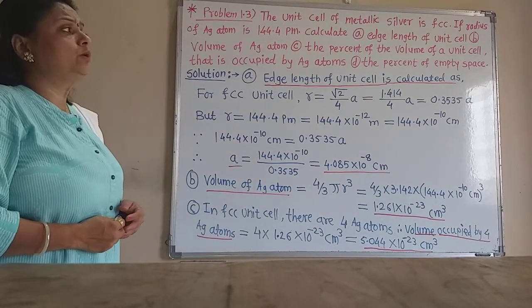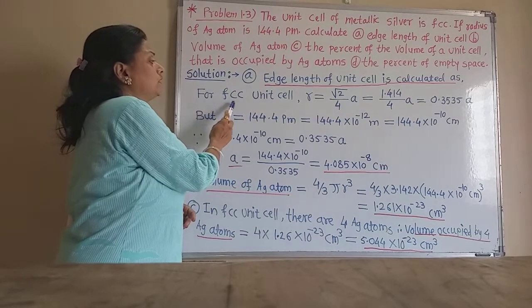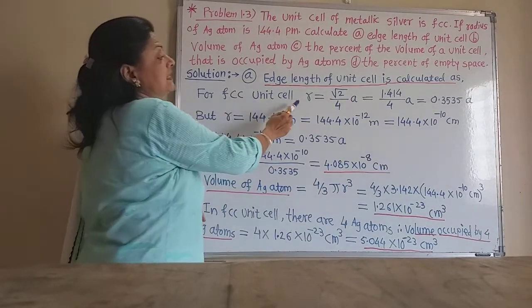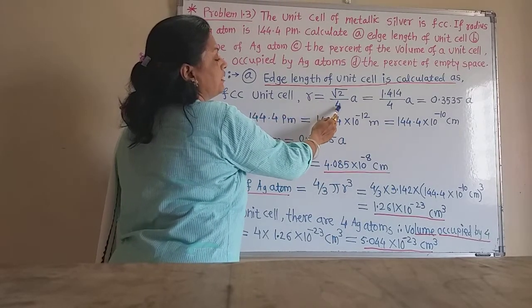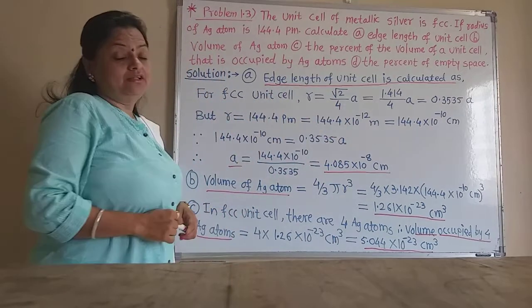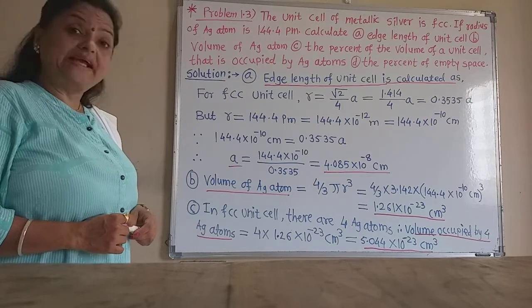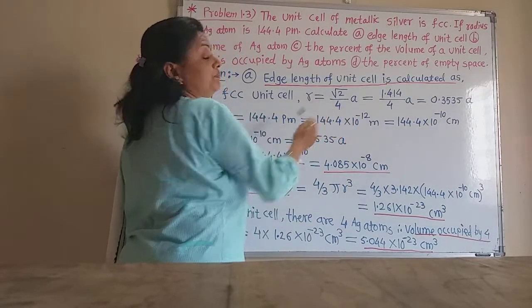Now the edge length of the unit cell is calculated as we know this formula for the face centered cubic crystal unit cell. The radius r is equal to root 2 divided by 4 into a.